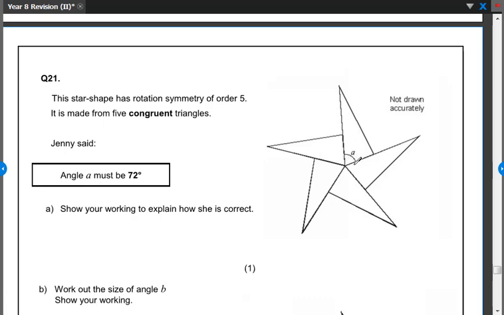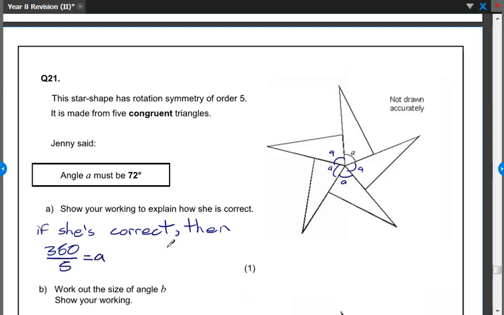Okay, well, if that's A, this is also A, this is also A, this is also A, and that's A. So if she's correct, then 360 divided by 5 equals A. Well, 360 over 5 equals 72.